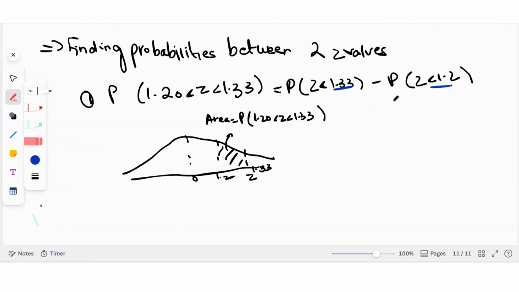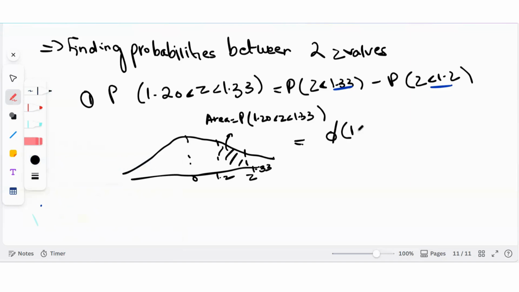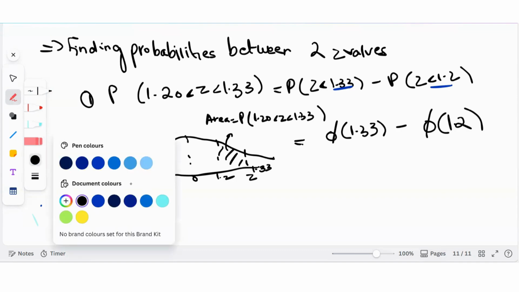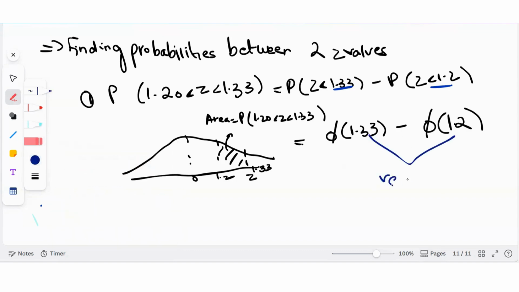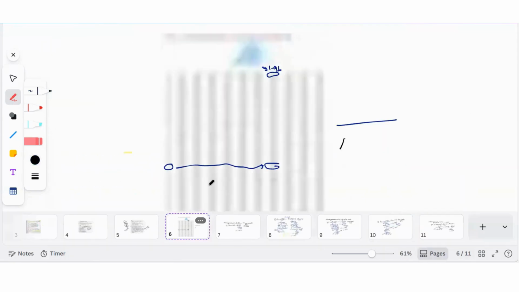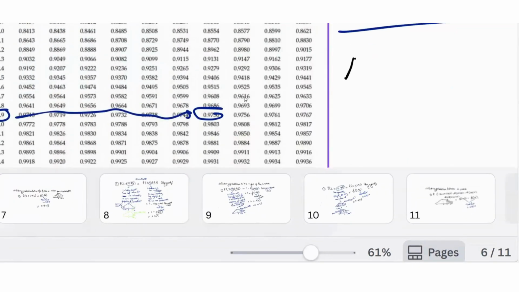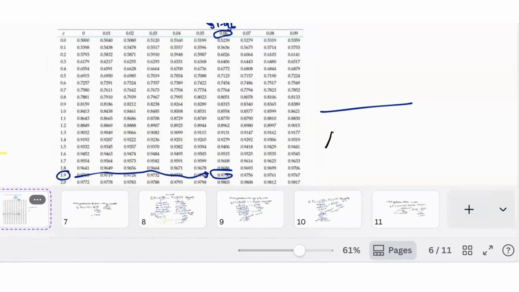Since both of them are in the form of the CDF for some positive value of z, we can read these directly from the z-table. So I can write this as Phi(1.3) minus Phi(1.2), both of which we can read from the z-table. So now, if we go back and read the z-table, let's see for 1.3. Okay.